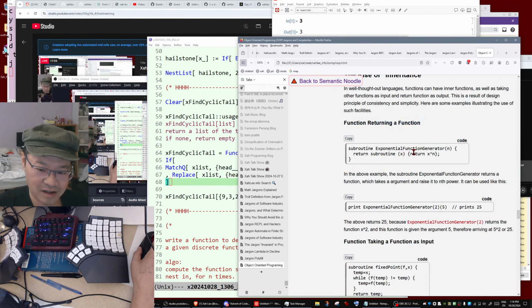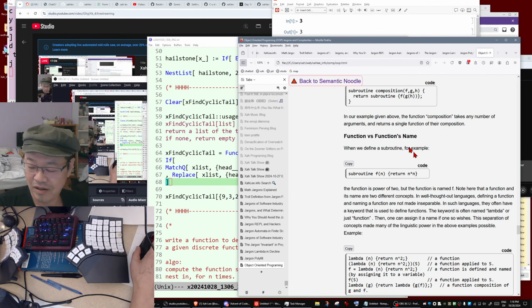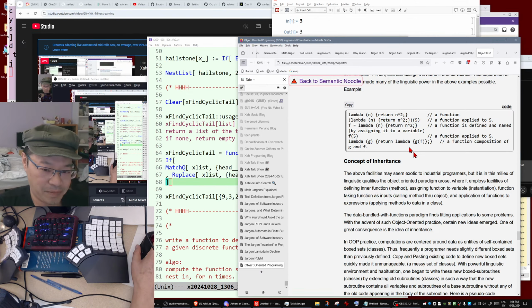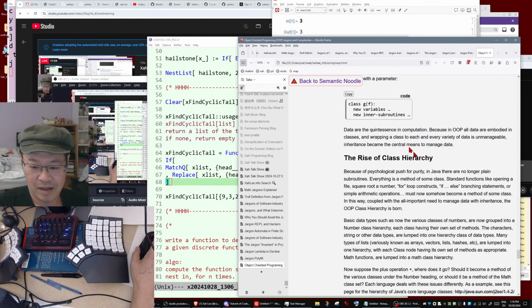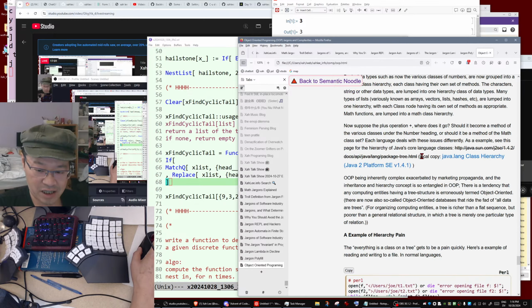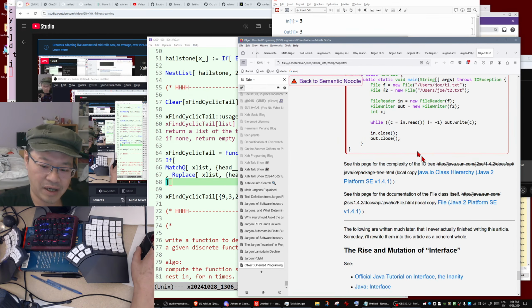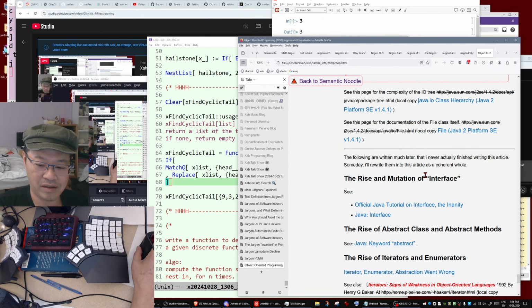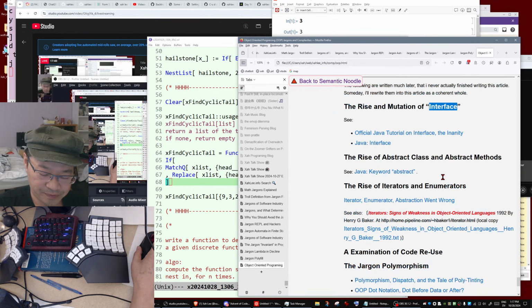inheritance, that's another jargon, also in JavaScript, also in Python. Then you have class hierarchy, okay? Then you have the jargon interface.